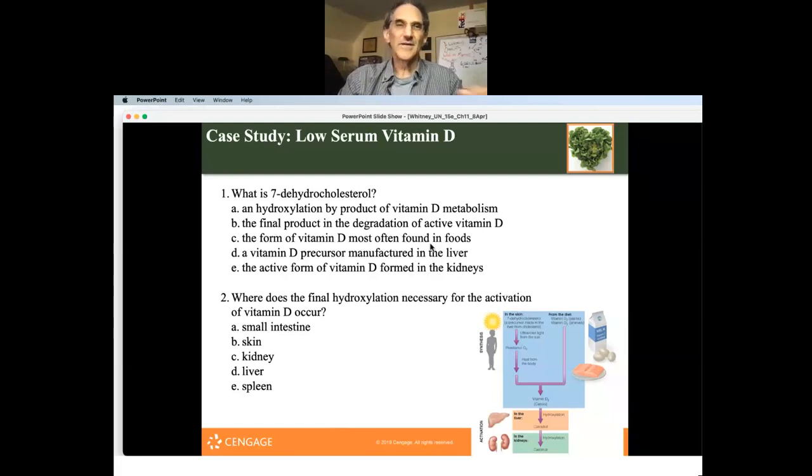It's an endogenous chemical that is in the body and is a precursor for the active form of vitamin D. And there is one that is the best answer, a vitamin D precursor.